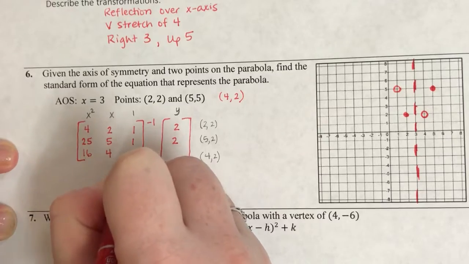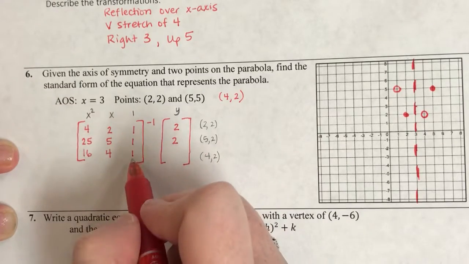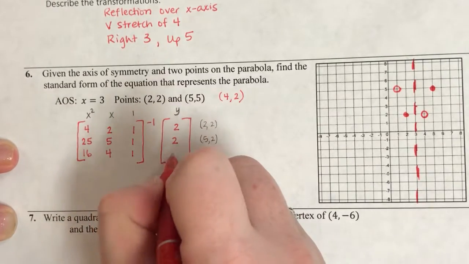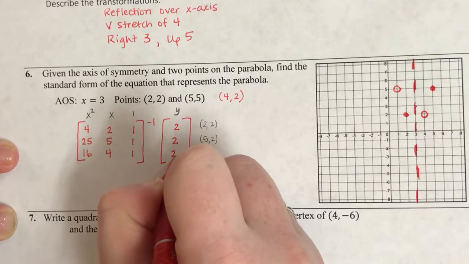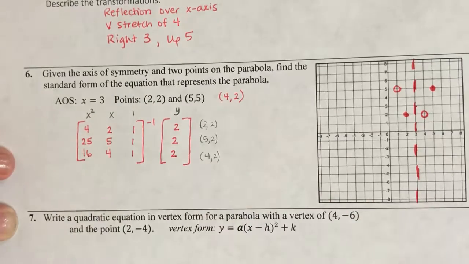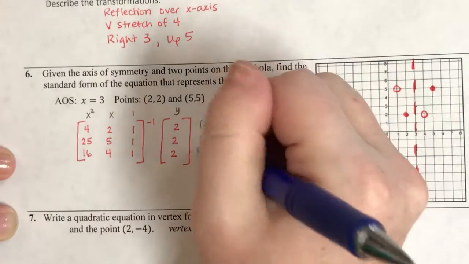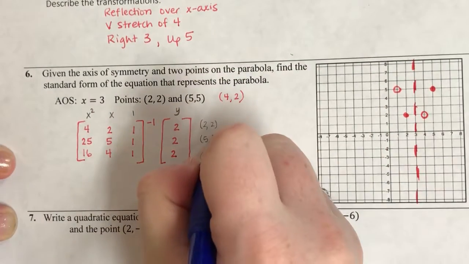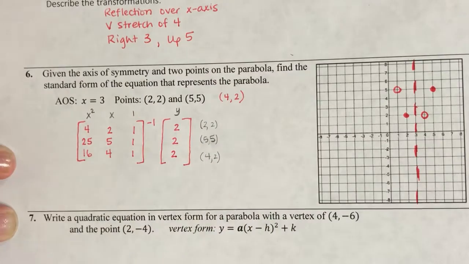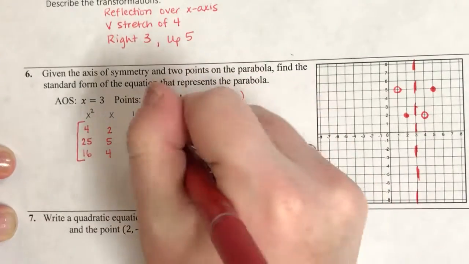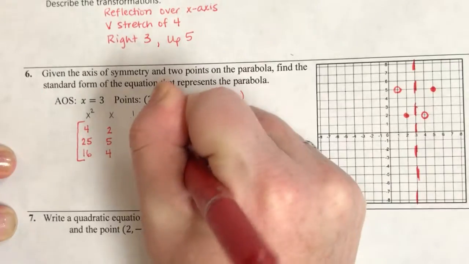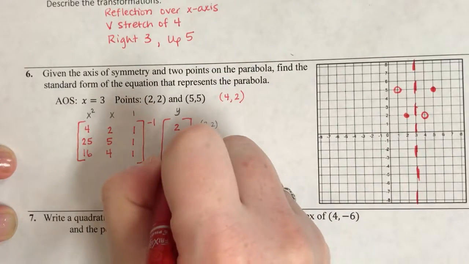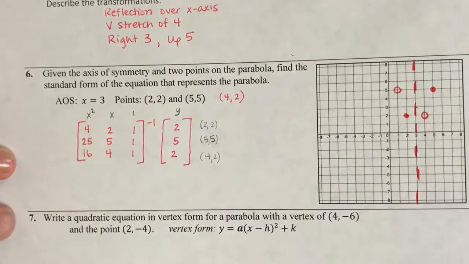X is 4, the constant is 1, and y is also 2. I'm gonna go ahead and fix this. I miswrote that, so (5, 5) should be our second point.